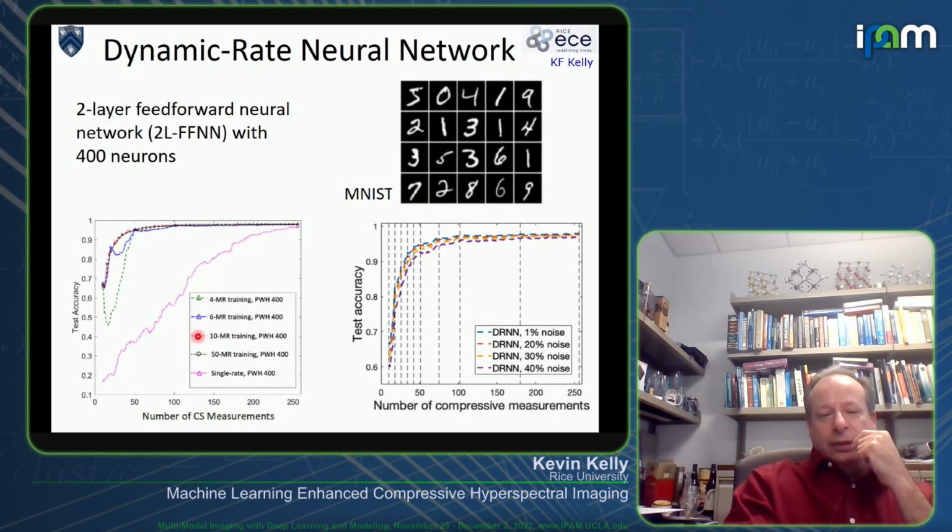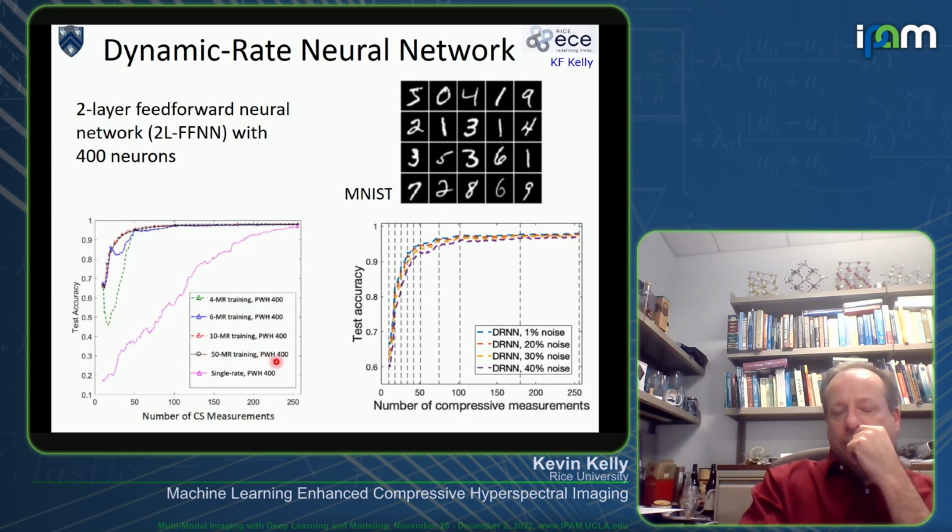The measurement points that we trained on are on these dashed lines. And once you get to about 10 measurement points, you have done enough measurements to be as accurate as if you had done 50 points in terms of training your neural network.